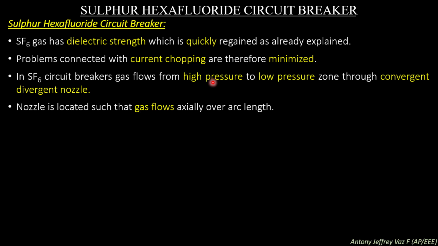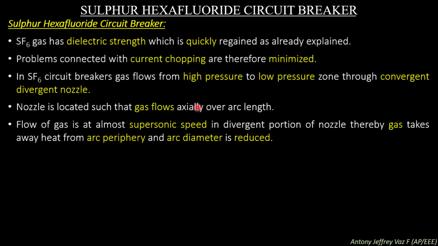The nozzle is located such that gas flows axially over the arc length. We know that SF6 gas flows in the axial direction along the arc path, so the nozzle will increase the pressure of the gas flow and help to extinguish the arc.